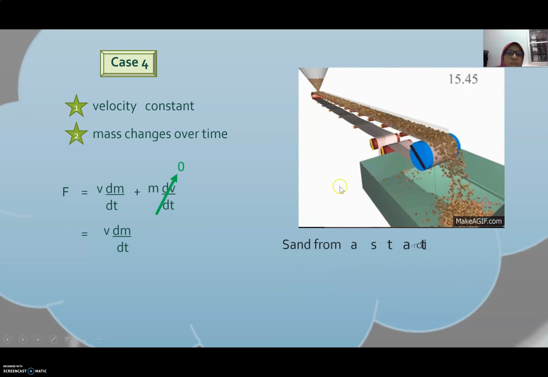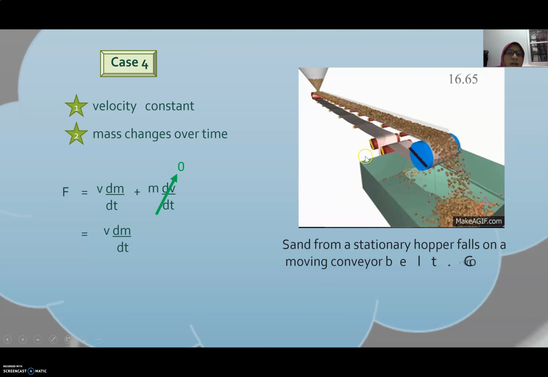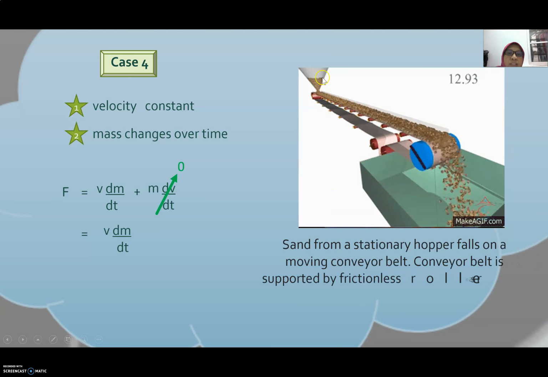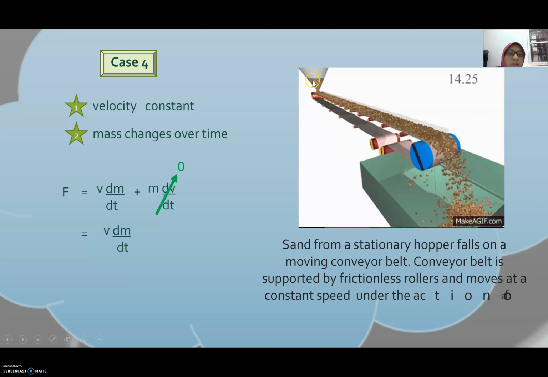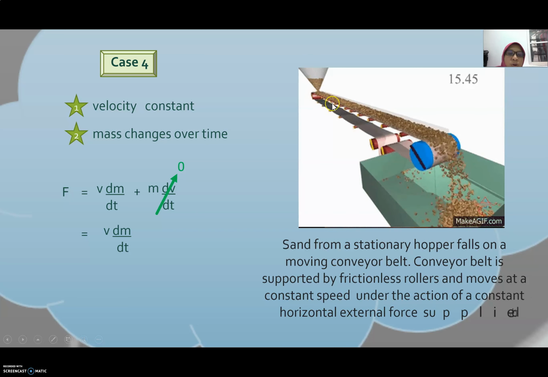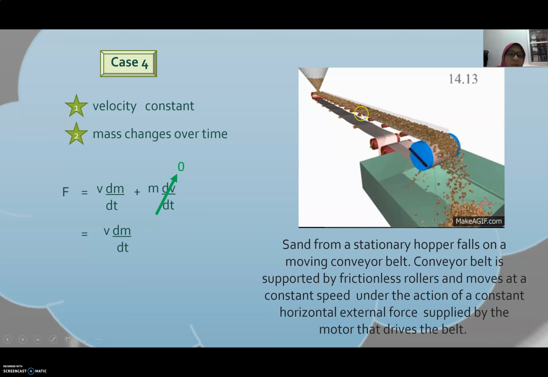Another example is the conveyor belt here. The sand from a stationary hopper falls on a moving conveyor belt. The conveyor belt is supported by frictionless rollers and moves at a constant speed. This constant speed is represented by v here.